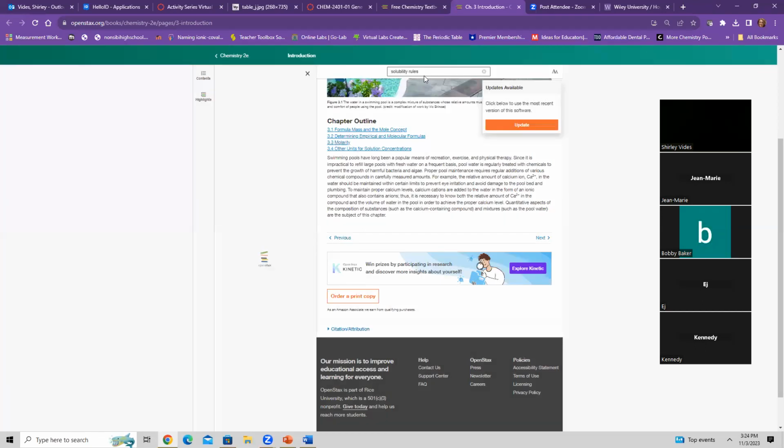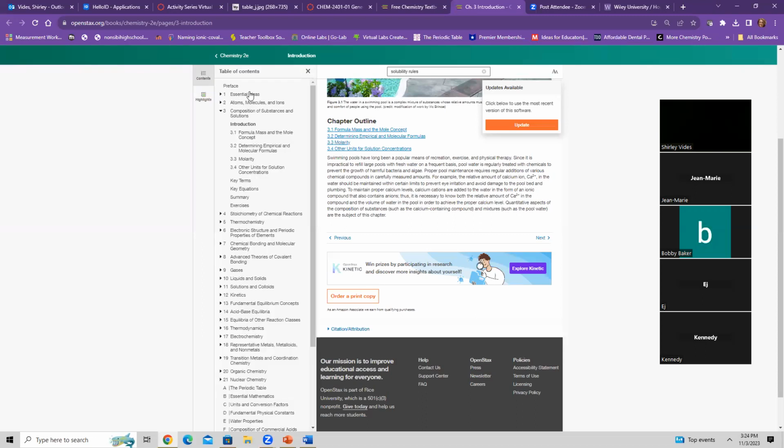Why did I not spell it right? Solubility. No, I did spell it right. Maybe I'm just searching the wrong chapter. Okay. Why are you not letting me see it? Update. Okay, so it's not doing it. Why is it not doing it?